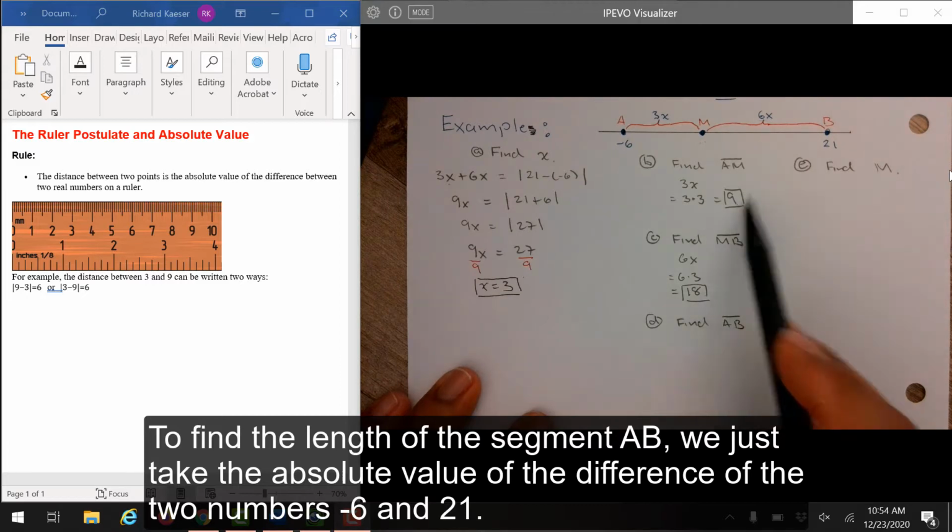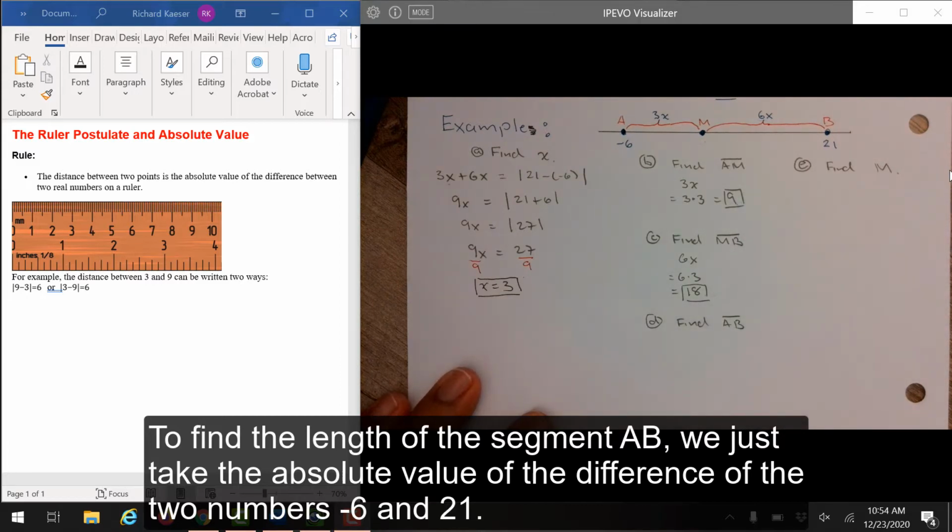To find the length of segment AB, we just take the absolute value of the difference of the two numbers, -6 and 21.